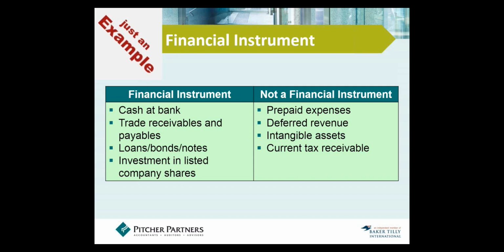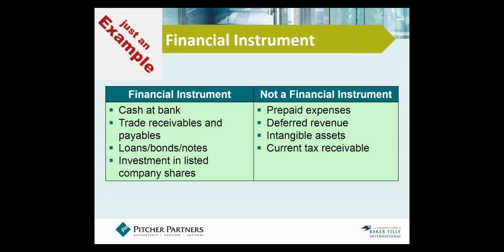If we go on to loans, which is a financial instrument, whether you're the holder of the instrument or the issuer of an instrument, you either have a right to receive cash or you have an obligation to pay cash. So that's easy. What about an investment in listed company shares?